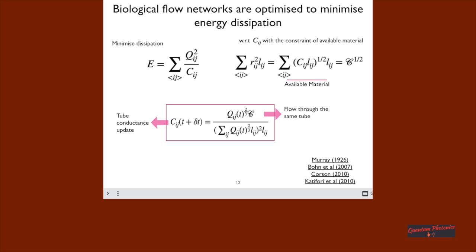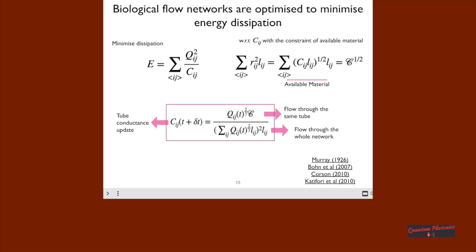If we follow this minimization of energy dissipation and the constraint of available material, we can come up with a very simple equation, shown by the third build in slide 13, which shows how the conductances of the networks that I talked about in the slide before adapt over time.